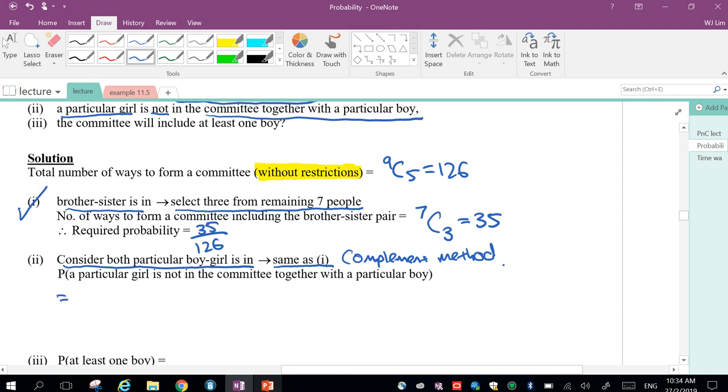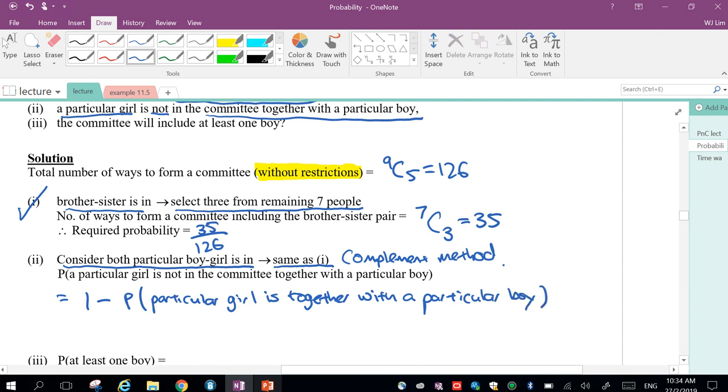So if you want the girl and the boy not together, it's 1 minus probability the particular girl is together with a particular boy. Right? Clear about that?